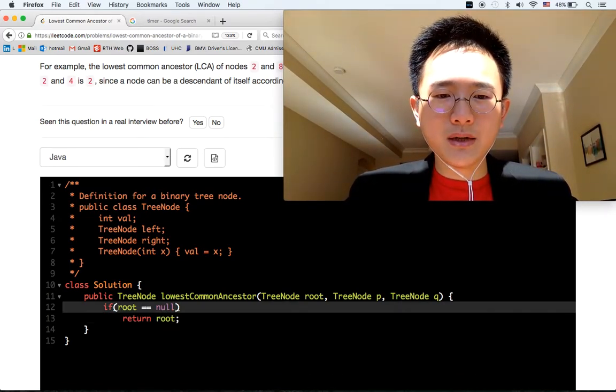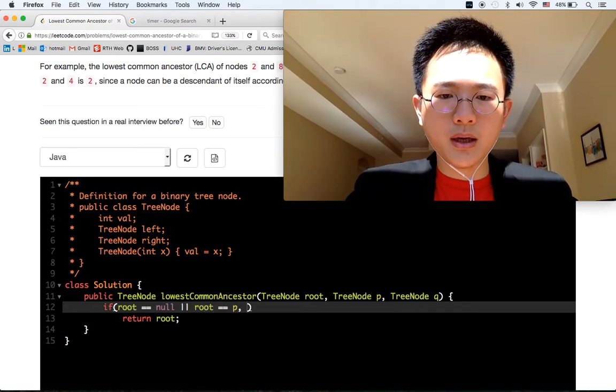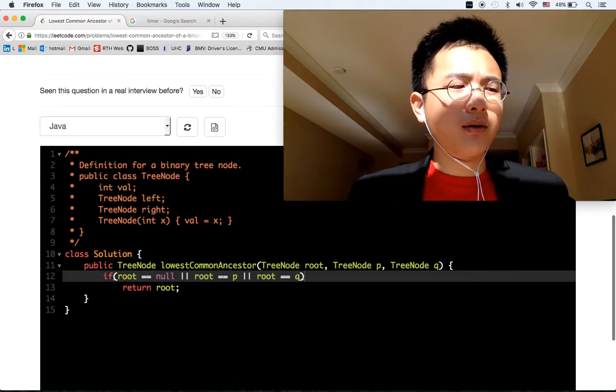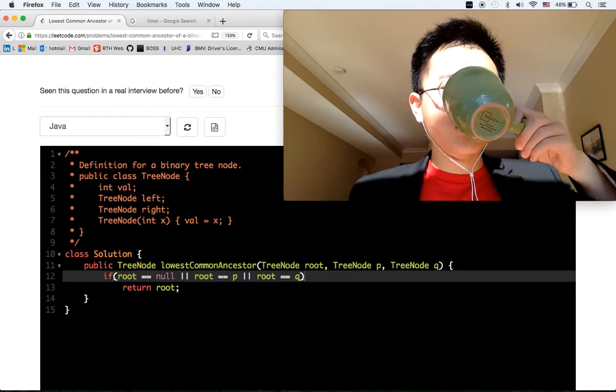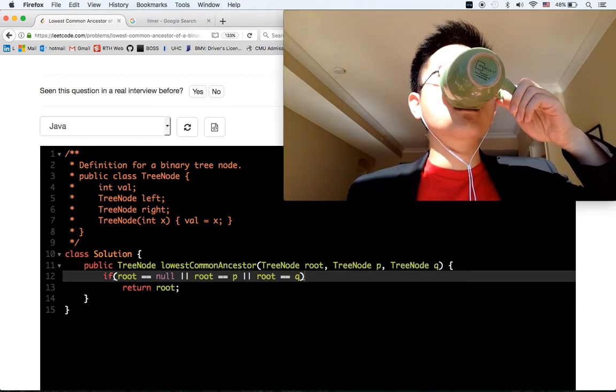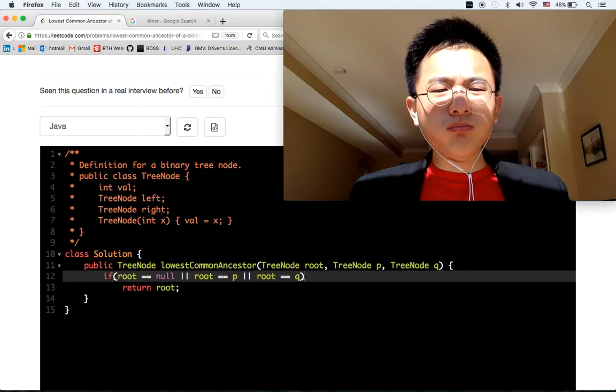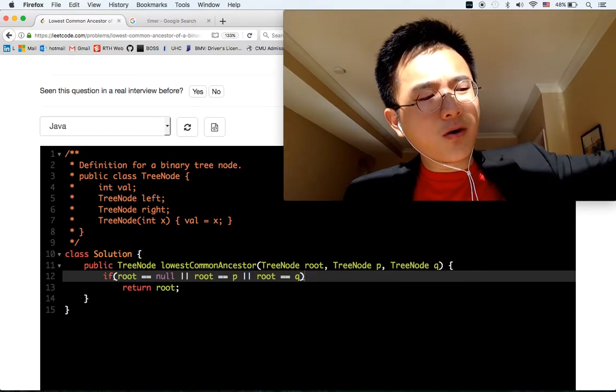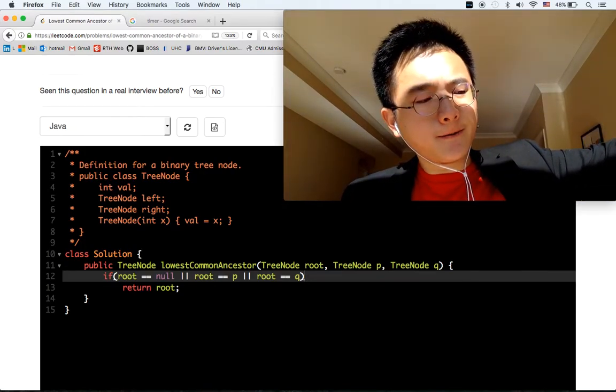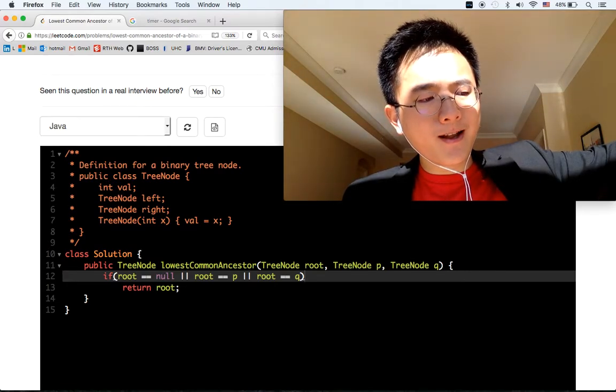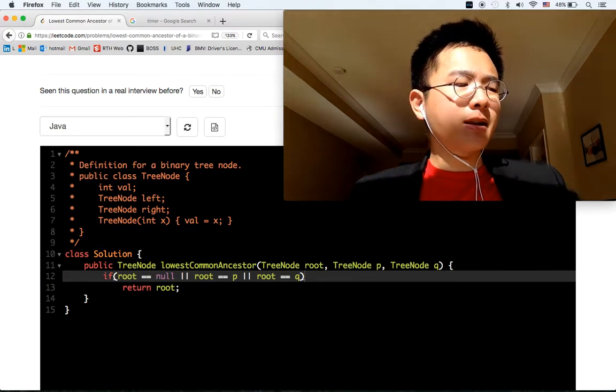If root is equal to null, or root is equal to p, or root is equal to q, then we'll just return root, right? It means we found a root that we want.